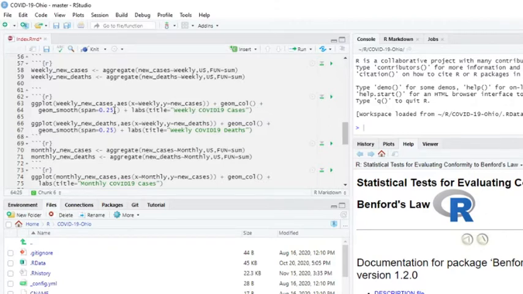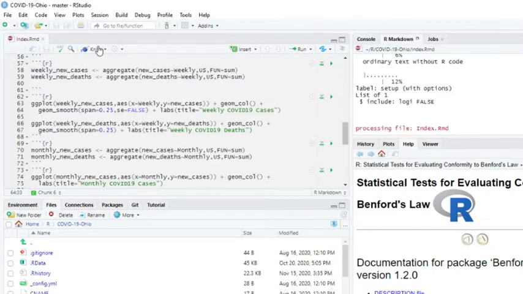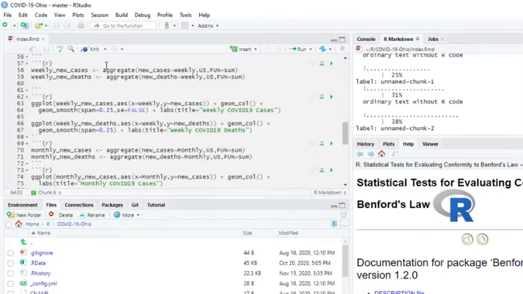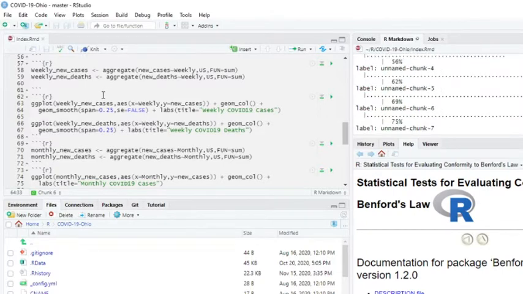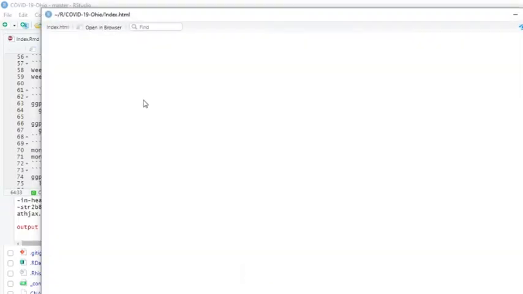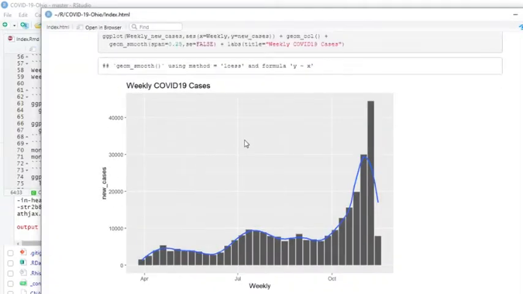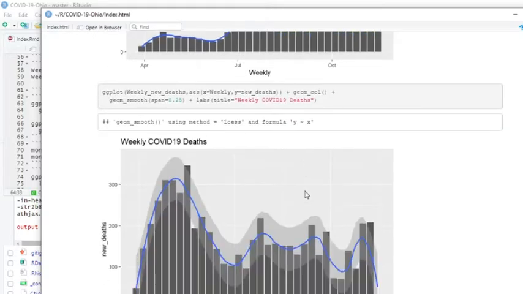Okay, here we go. Let's run this one more time. Okay, so here you can see the climb up in cases in Ohio. Massive spike here. But this decline reflects the first part of the week.